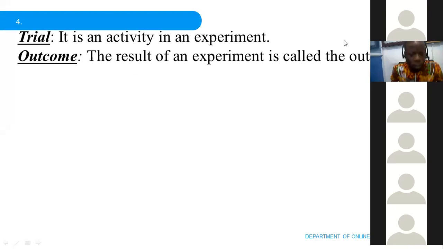So if you perform any exercise, the final result is our outcome. So if you play or you kick a penalty, whatever happens is an outcome. If you score, it is an outcome. If you don't score, it is also an outcome. All right, that is that.